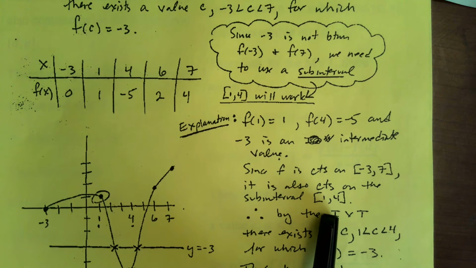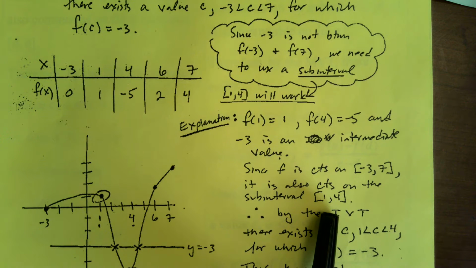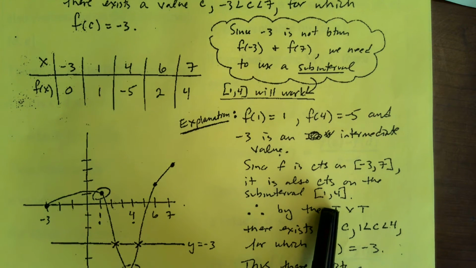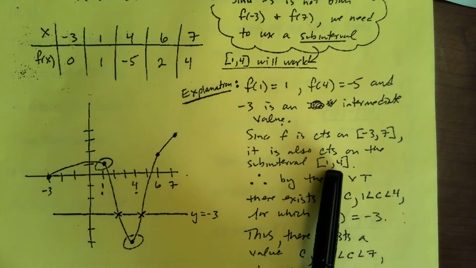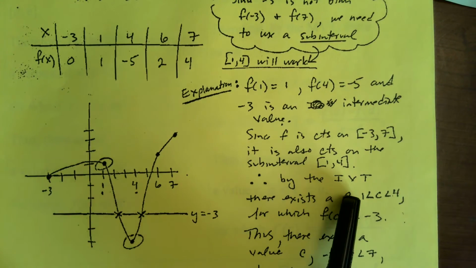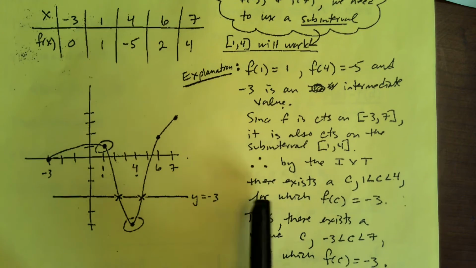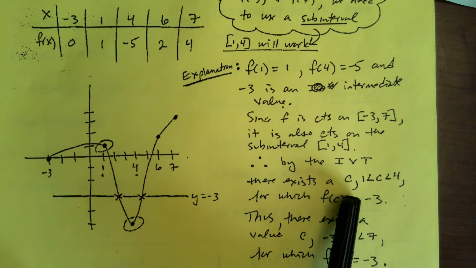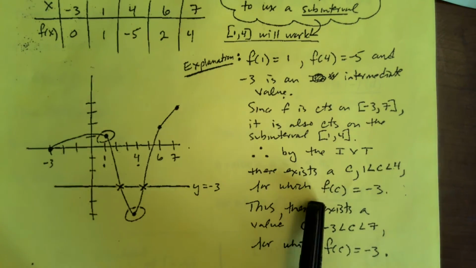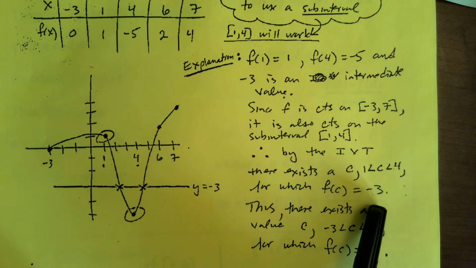So I'm going to use the intermediate value theorem on [1, 4], and then at the end I'll bring in the full interval [-3, 7]. So it's also continuous on the closed interval [1, 4]. Therefore, by the intermediate value theorem, there exists a c between 1 and 4 for which f of c is -3.